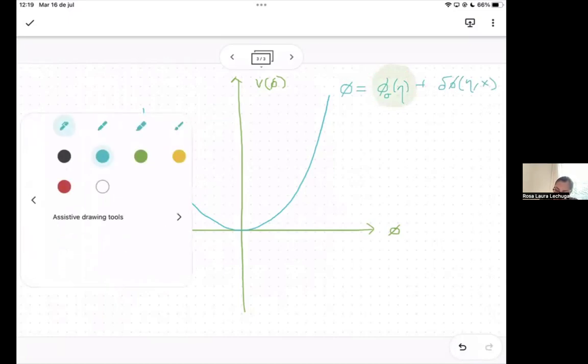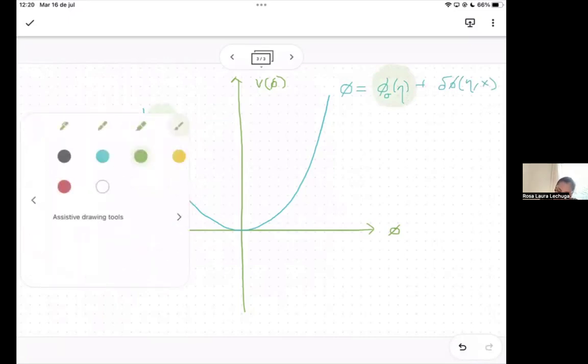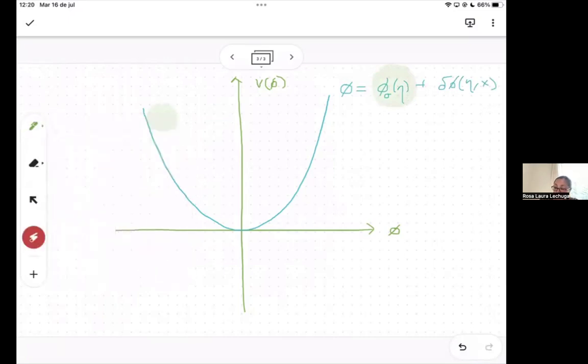You can think, naively speaking, that this behaves like a particle. Maybe this is related with one of the questions. I'm not sure if the sense of the question is just this, but let me know.